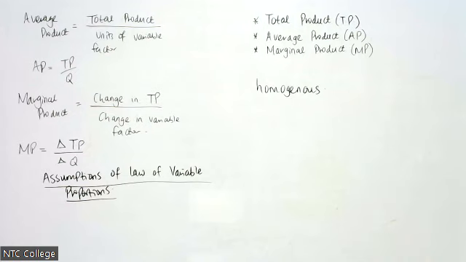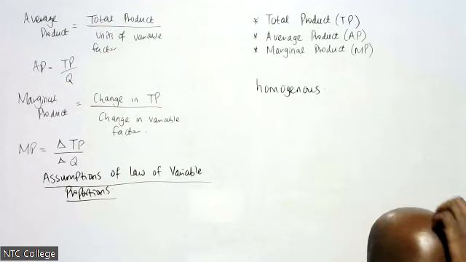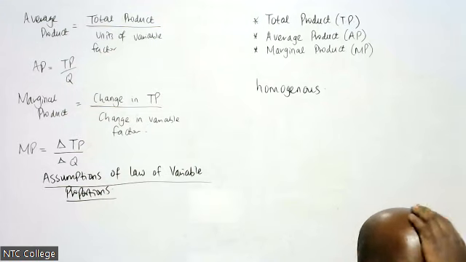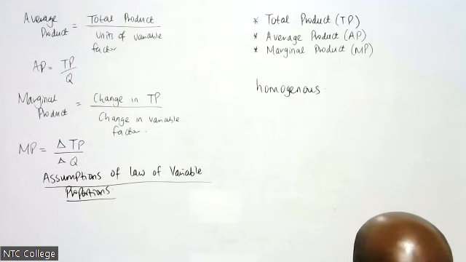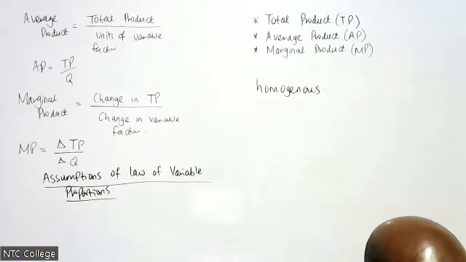The last assumption, number four, remember that this law assumes that one factor of production is variable, while the rest are fixed. Remember what we're doing here: we are analyzing cost and production generally within the short run. So within the short run, one factor of production is variable while the rest are fixed.